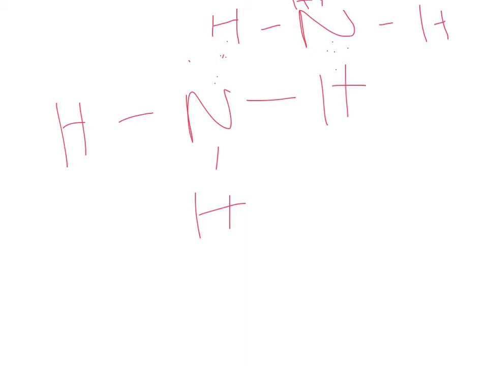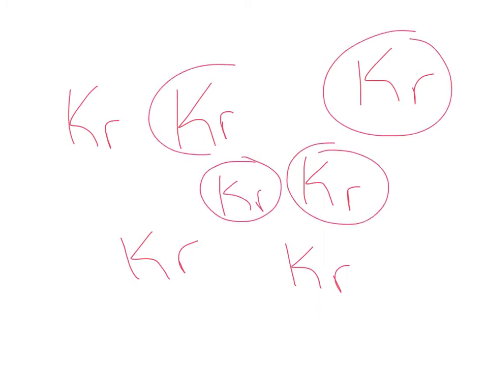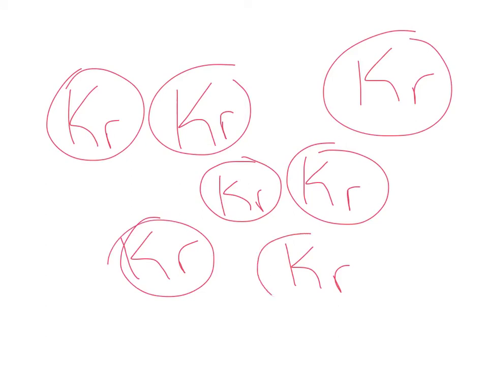Okay, let's look at the next one. On number 2, let's say that we just have a sample of krypton, and all of those krypton atoms are going to be neutral. So if I have all of my krypton atoms and they don't have charges, they're not even in a compound, it can't be connected by covalent bonds, can't be an ionic bond because we don't have a metal and a nonmetal, it can't be a metallic bond because krypton isn't even a metal.